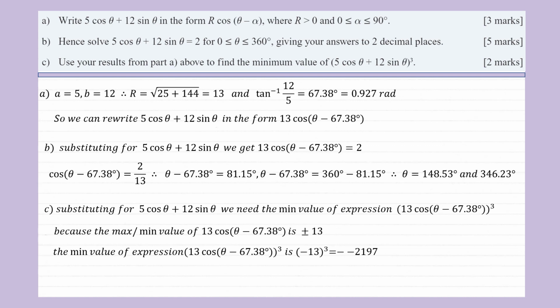So the minimum value of the expression 13 cos of theta minus 67.38, cubed, is when we replace that by minus 13, and minus 13 cubed turns out to be minus 2197. I'm sorry, I've got a double minus there. I don't know how that cropped in, but it comes out to be minus 2197.